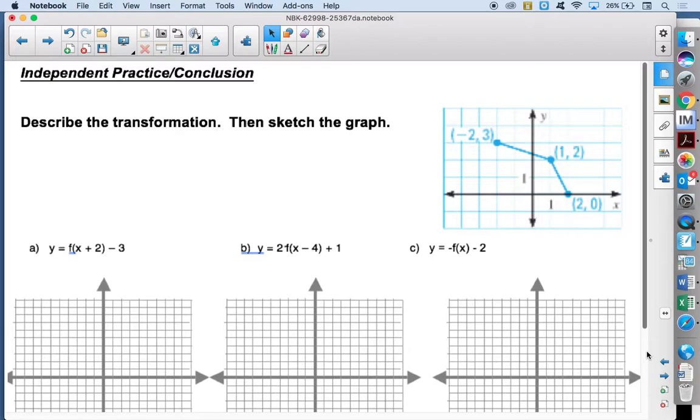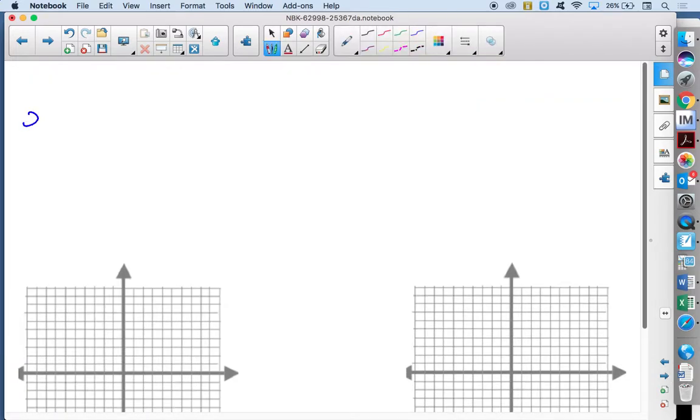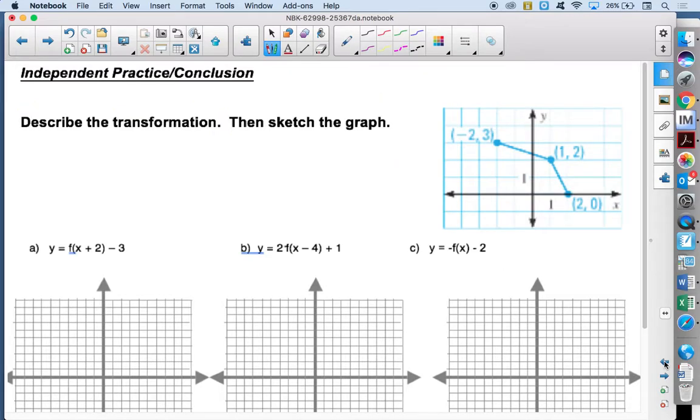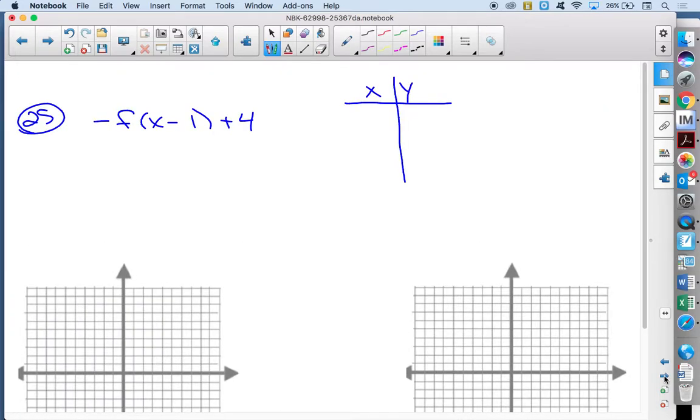Virginia? Yeah. So number 25 says negative f of x minus 1 plus 4. And I'm going to grab the points here. Negative 2, 3, 1, 2, 2, 0.